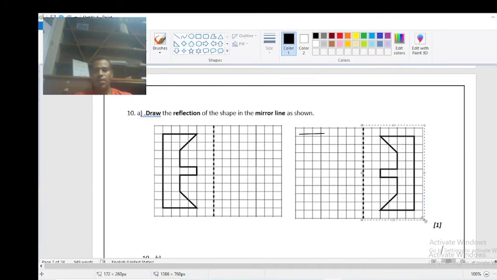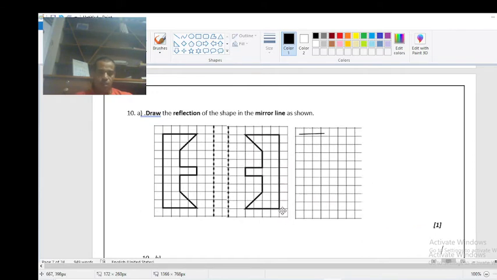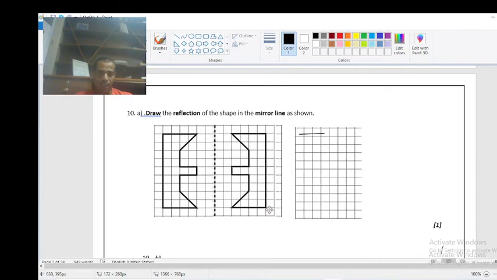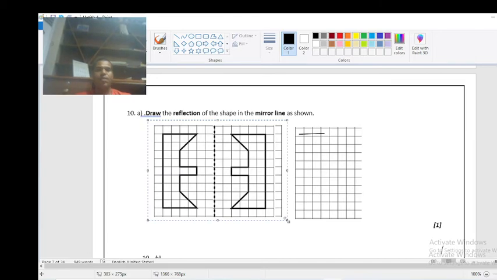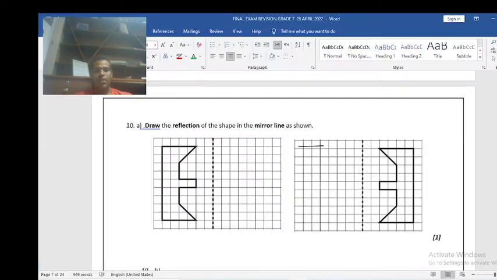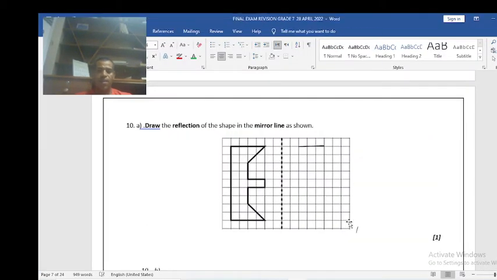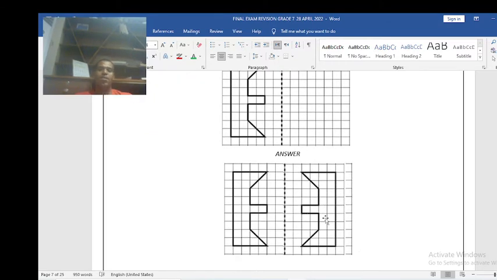The shape should be exactly like that. I will take this and put it here. The answer is that. Yes, this is the correct answer.